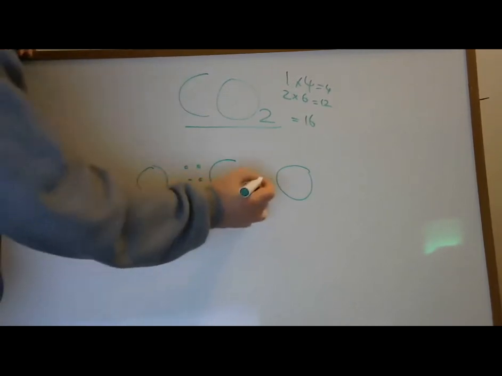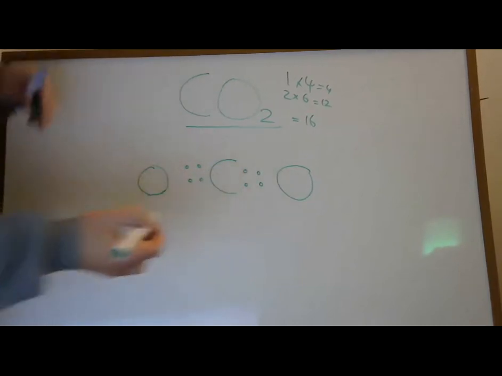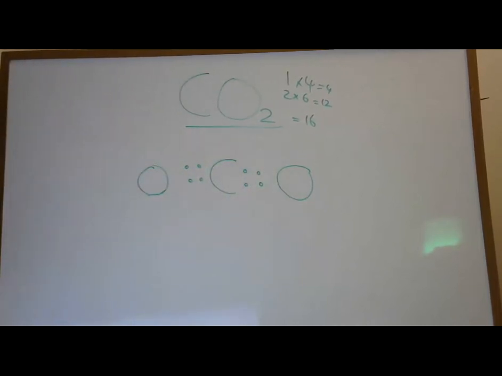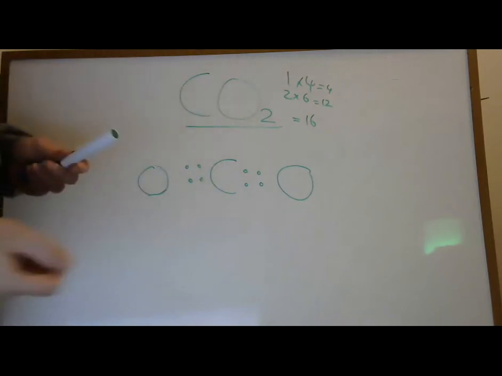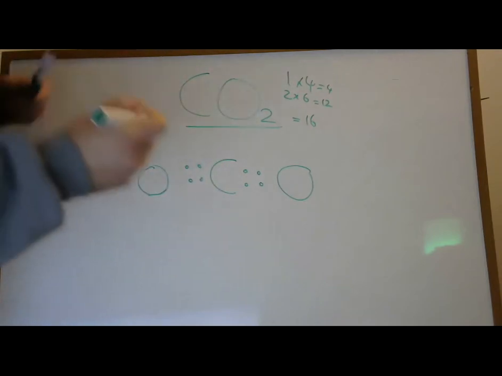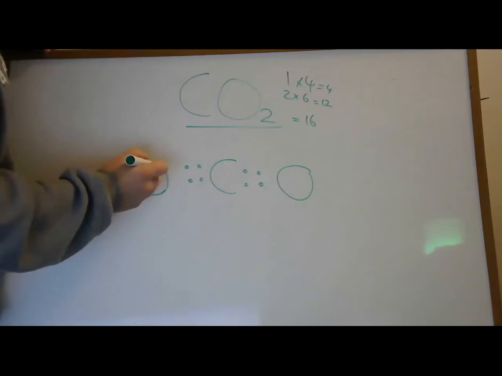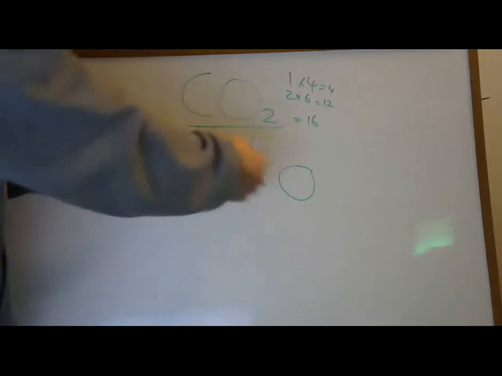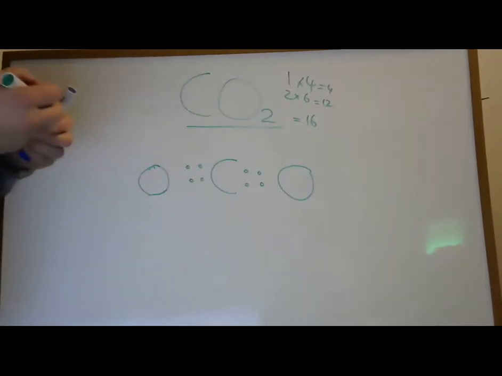So they're sharing 2 pairs of electrons. So there's now 4 electrons on all of these. So if we want to make everything an octet, this is a double bond. So we'll call it a double bond in covalent bonding.